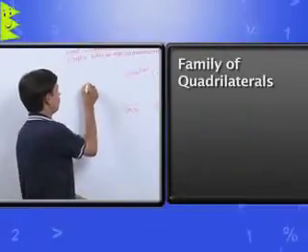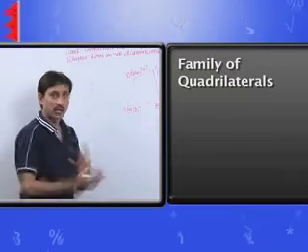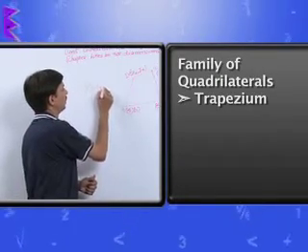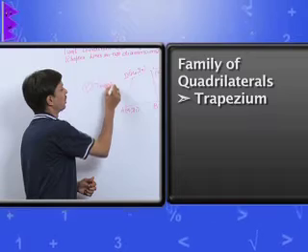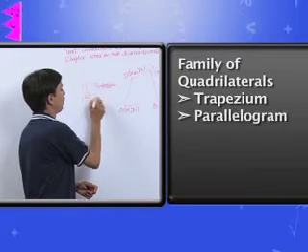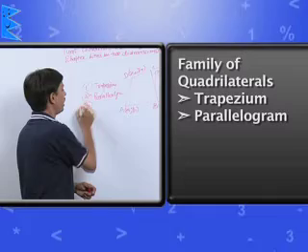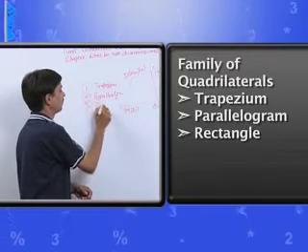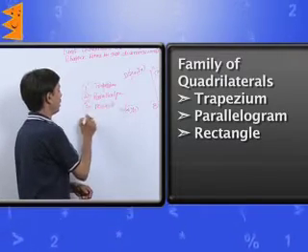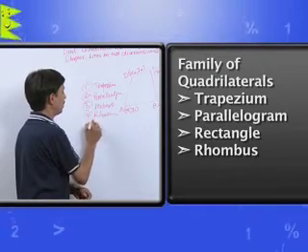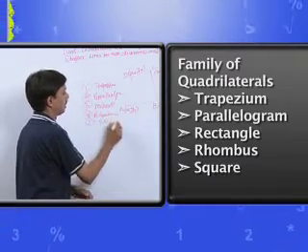Number 1, the type that can be asked is, is it a trapezium? Or it is a parallelogram. It may be a rectangle. It may be a rhombus. It may be a square.